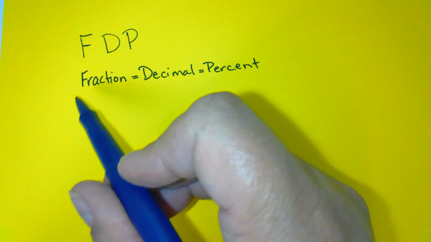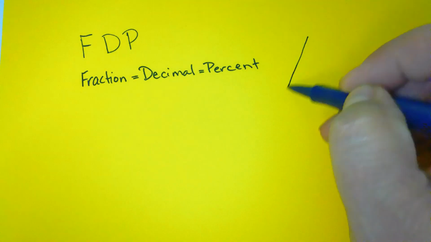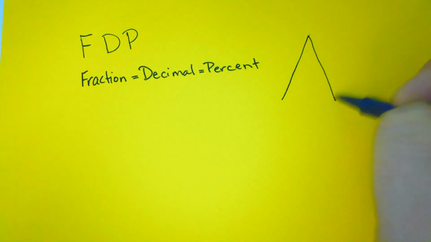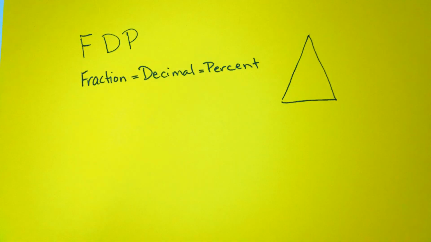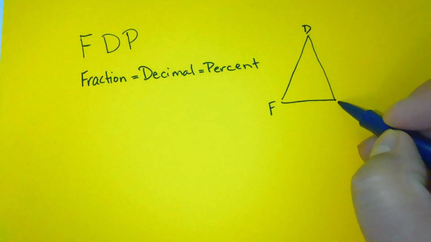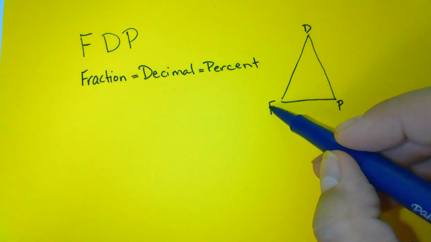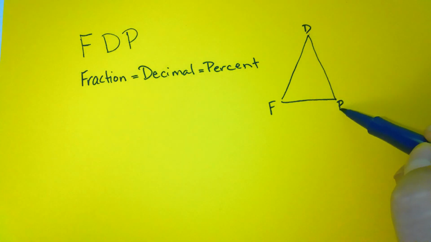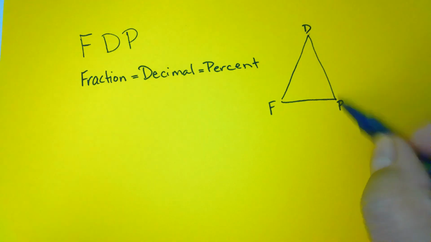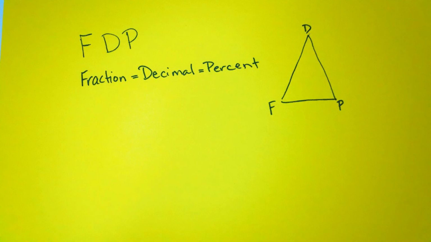So all of these really are kind of like in a triangle, as I showed earlier this year: fraction, decimal, percent. Okay, so you can go from fraction to percent, decimal to percent, or decimal to fraction, or fraction to decimal. So you should be able to go in all different directions.